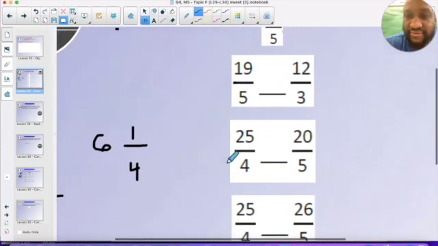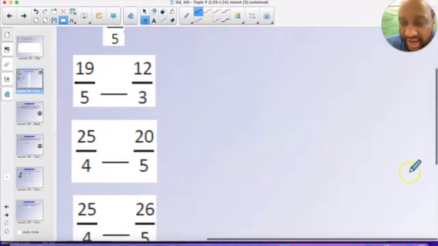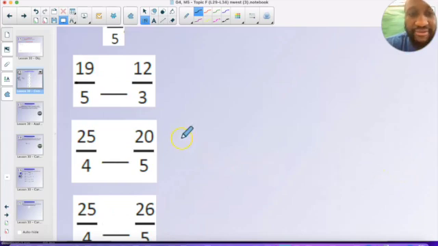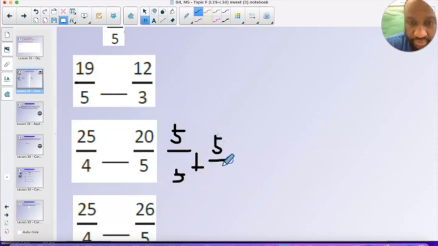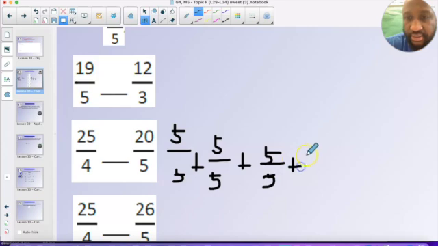Looking at the other side, I'm trying to figure out how many times 5 can go into 20. So I might do it the other way, where I can just count by 5s in this case. So I know 5 fifths plus 5 fifths plus 5/5 plus 5/5 is equal to 20/5.